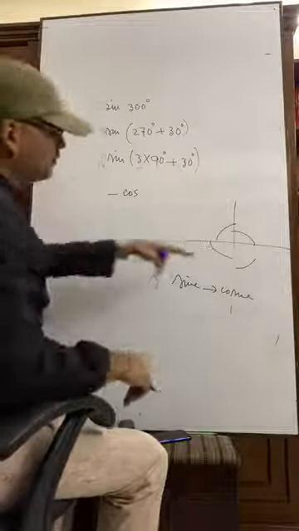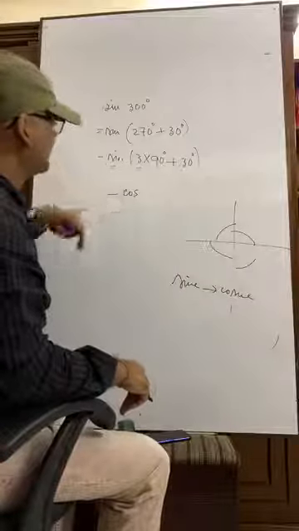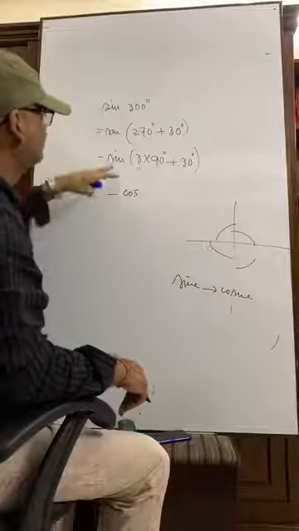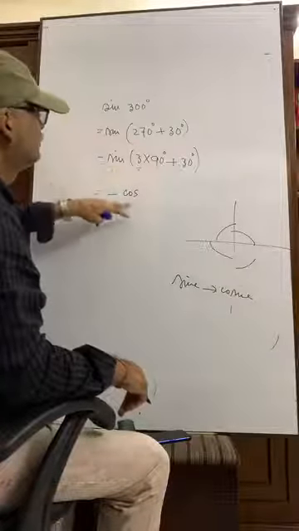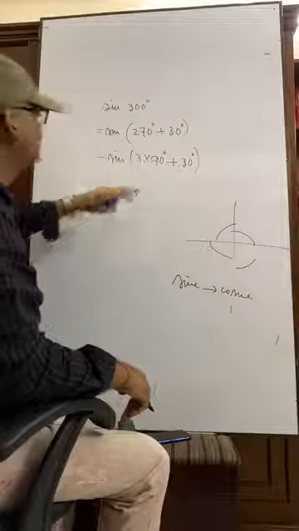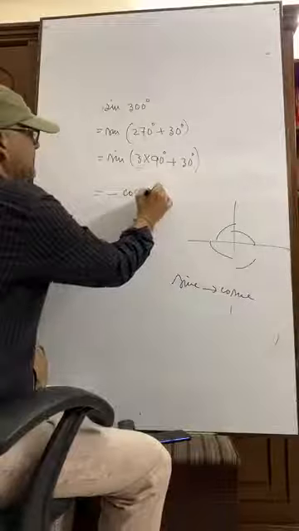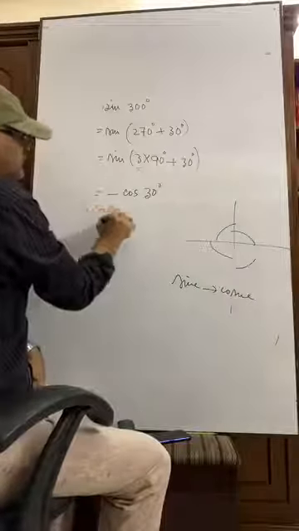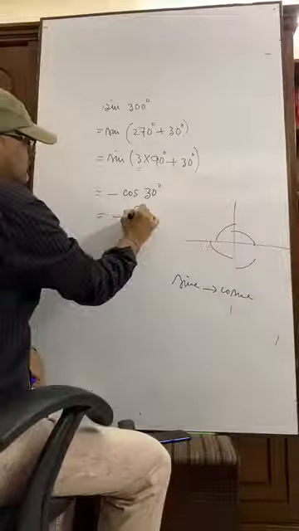So it is in the fourth quadrant. Sine is negative, and as it is sine, it becomes cosine for n equal to 3, which is an odd number. So cos 30 degrees, and we know cos 30 equals minus root 3 by 2.